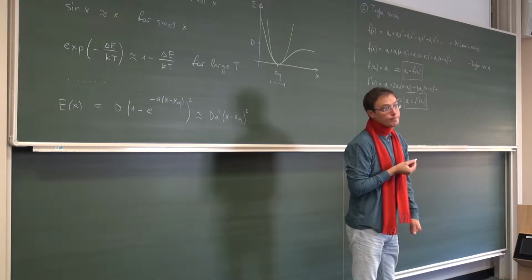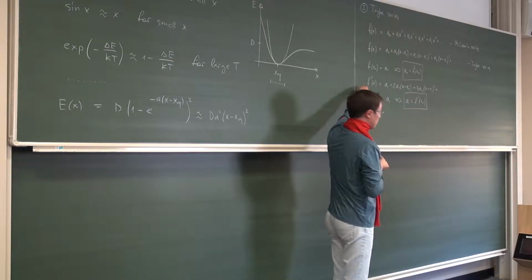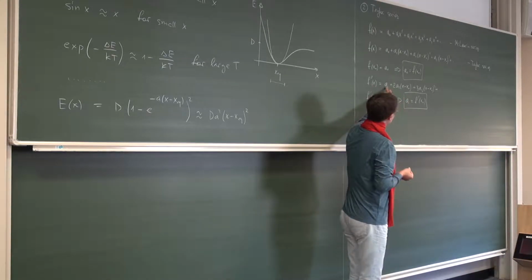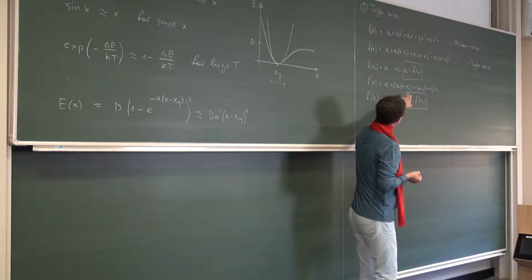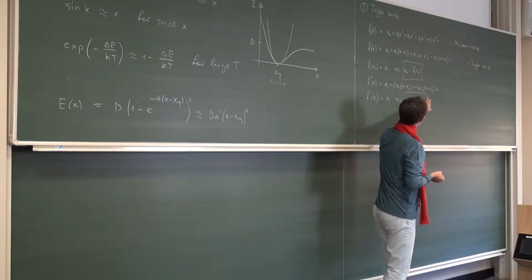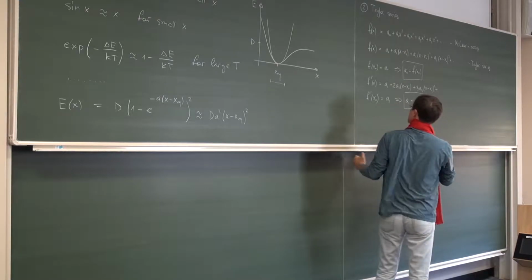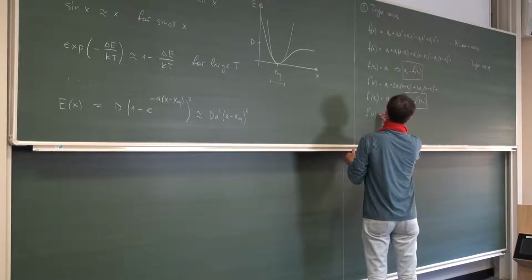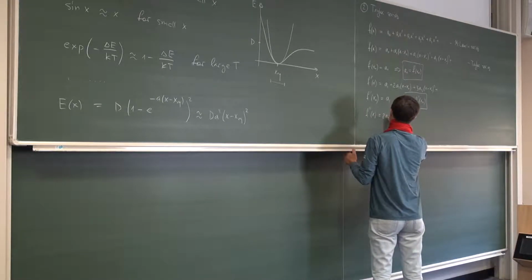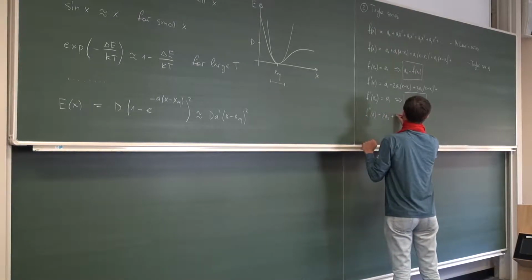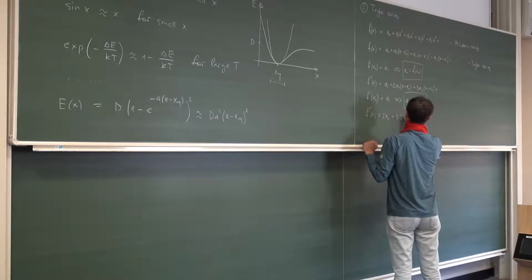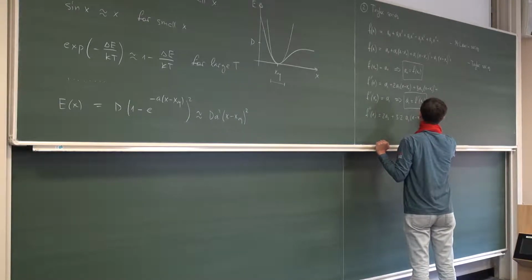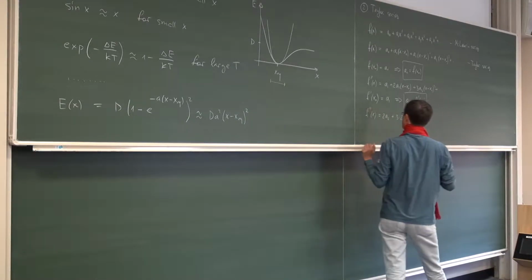What about the a2? Well, let me do the next version of this. So, f double prime: a1 is a constant, it will vanish, this bracket will disappear, this bracket will get differentiated. So, f double prime of x will be 2a2 plus 3 times 2 times a3 (x minus x0) plus so on.